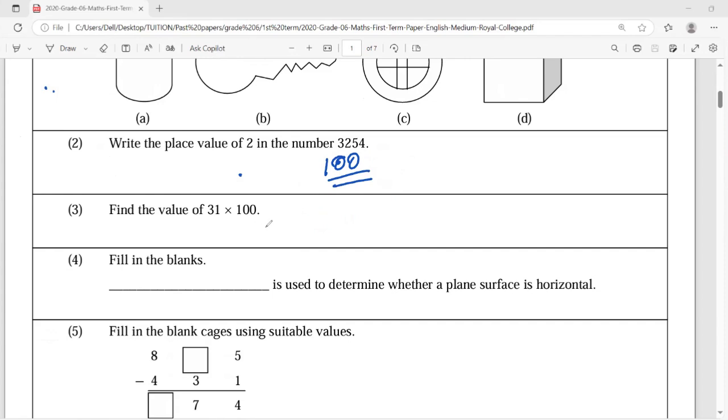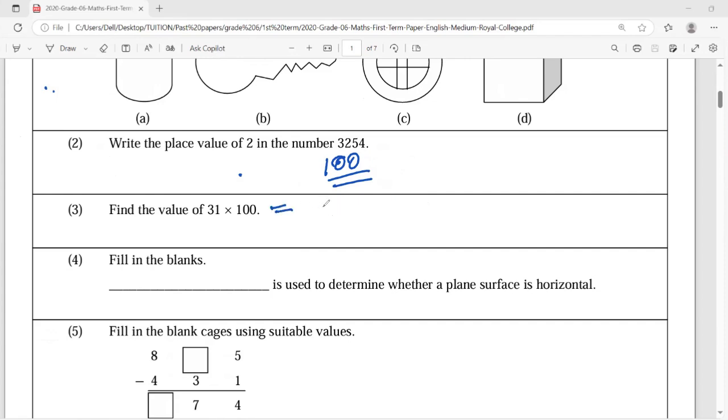Right. Find the value of 31 into 100. So when you have to find value by multiplying by the powers of 10, I mean by 10, by 100, by 1000, like that, it is very easy. You just need to add 2 zeros at the end here if you are multiplying by 100.